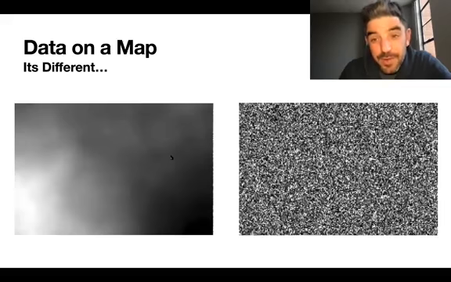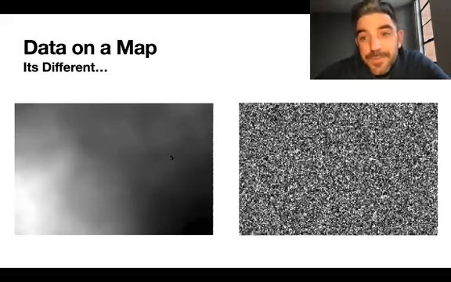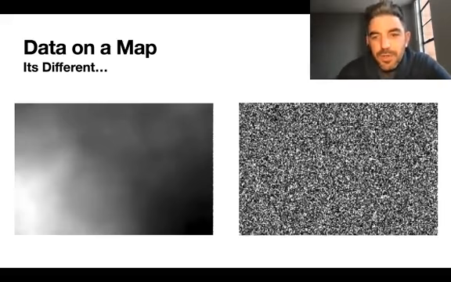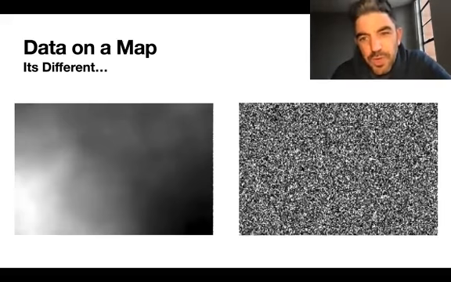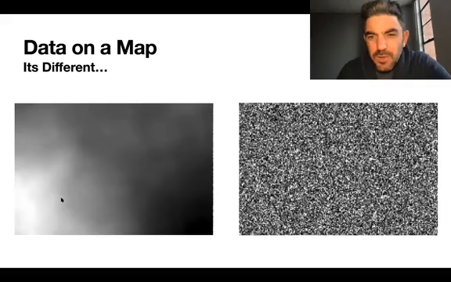However, the spatial arrangement of the data can really change what the information means, right? If you were to look at an image like this, you wouldn't really ascribe much meaning to it. But here, one could imagine there was some sort of pattern.